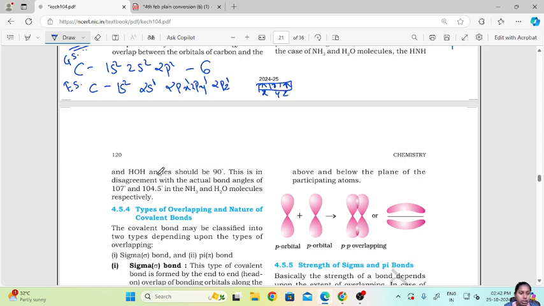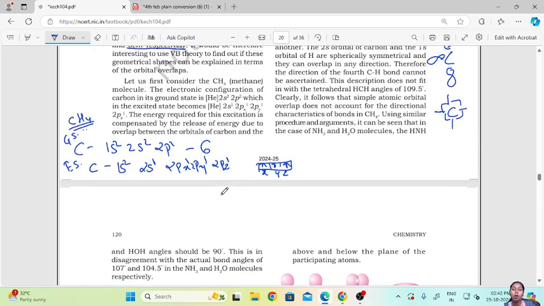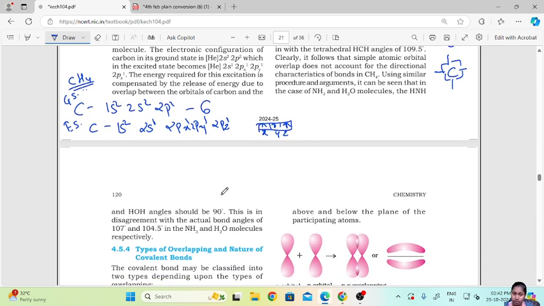This is in disagreement with the actual bond angles of 107 and 104.5 degrees in NH3 and H2O molecules respectively. So on this basis, if we go with further examples like NH3 and H2O, they should also follow the same pattern of 90 degree bond angle, but there is a disagreement. It is not seen to have a 90 degree bond angle, because you know water has a bond angle of 104.5 degrees.